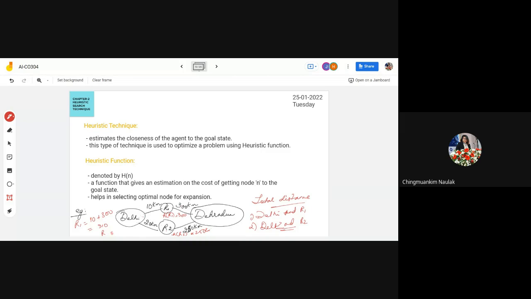For route number 2, you have 20 plus the heuristic value 250, which is 270. So which is taking the lesser distance? R2, right? So you will choose the path R2.